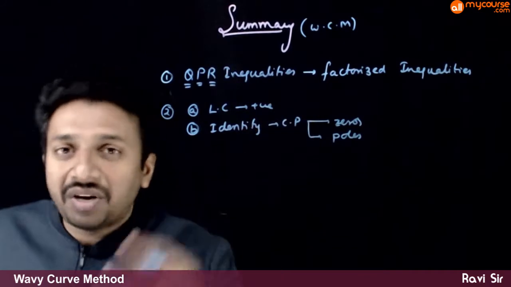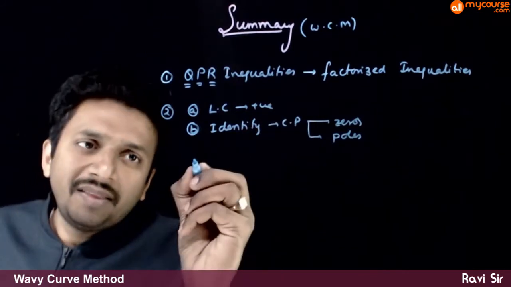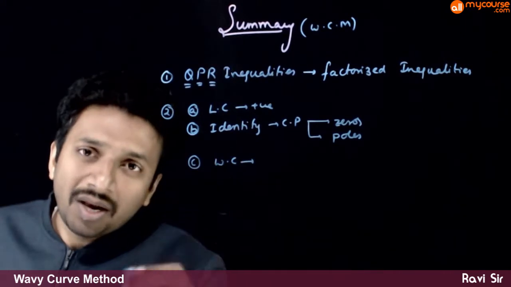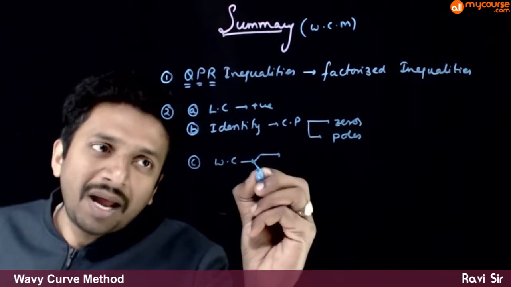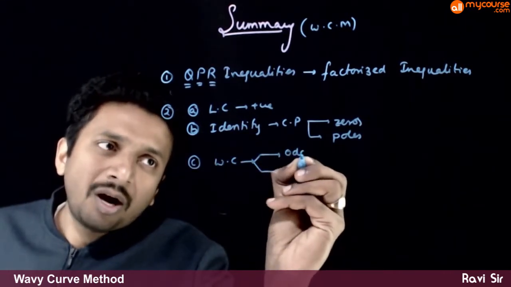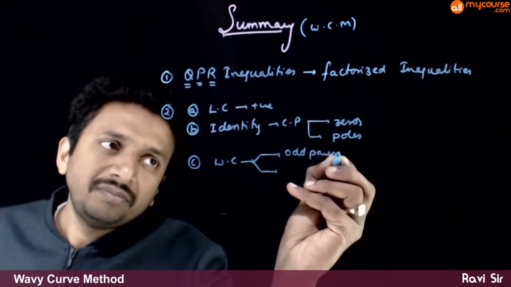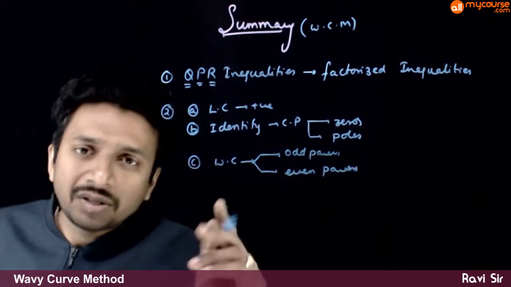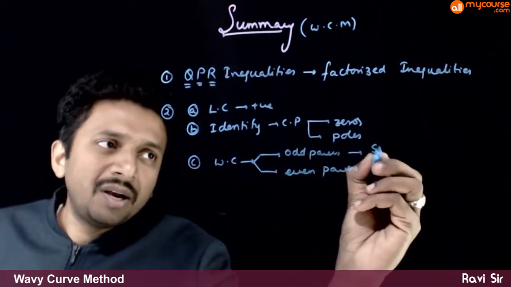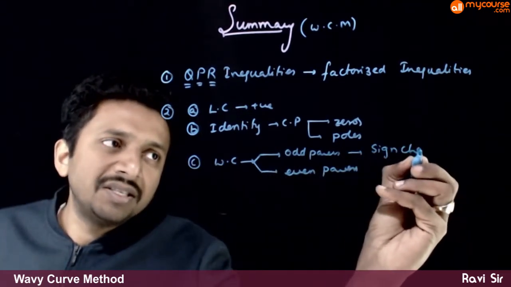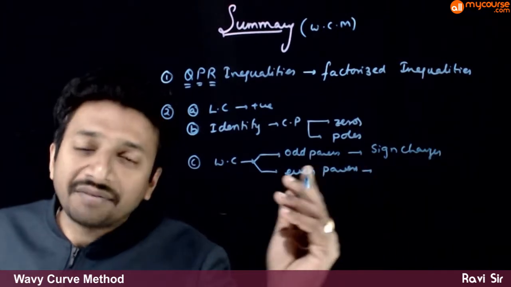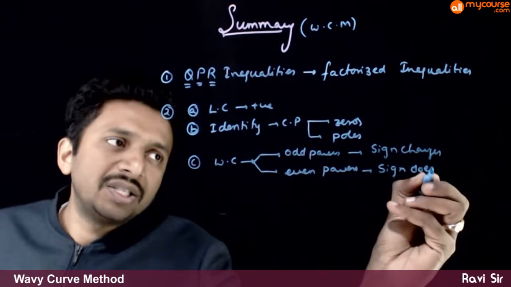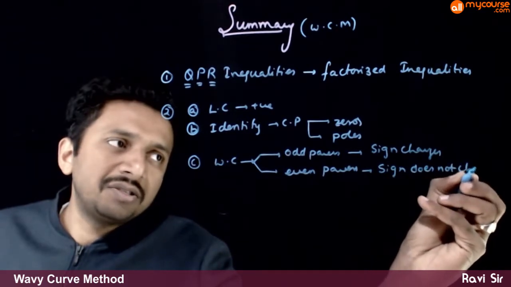You need to differentiate between these two. And third, just need to draw the wavy curve for the inequality, keeping in mind the odd powers and even powers. So if you have an odd power, remember that sign changes. If you have even power, remember that the sign does not change.